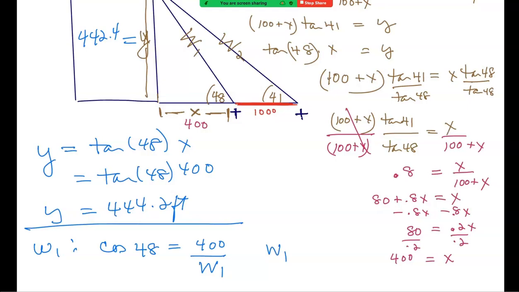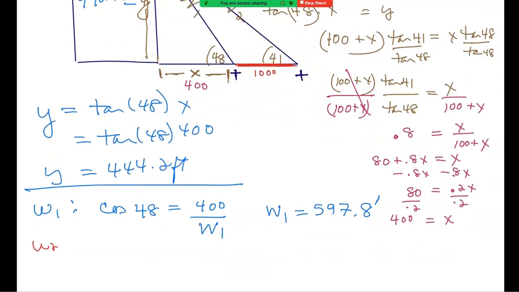Wire 1, after I do my cross products, will be 597.8 feet. Let's get wire 2. Use the big triangle. The cosine of 41 equals not 400, but 500 over wire 2. Wire 2 will therefore equal 662.5 feet. And we are done.